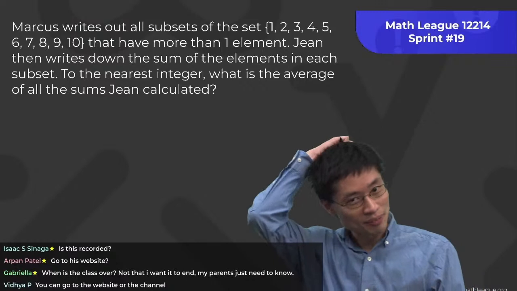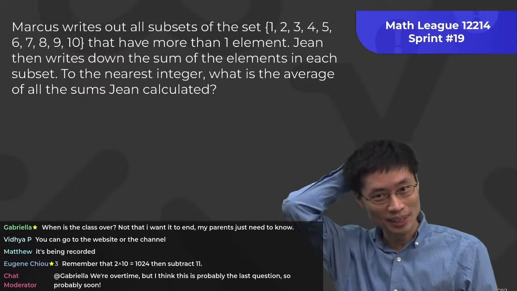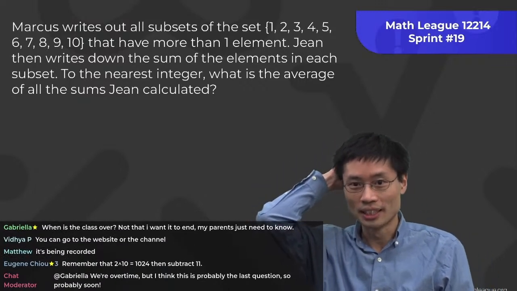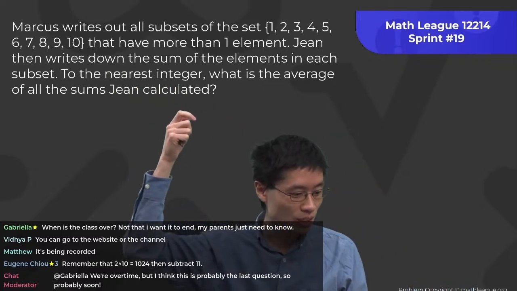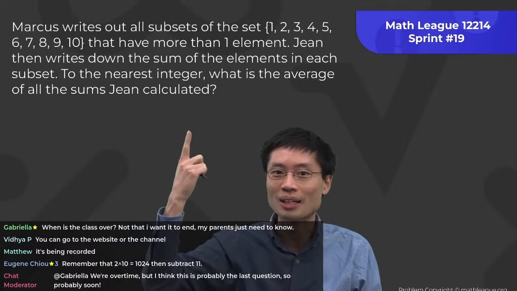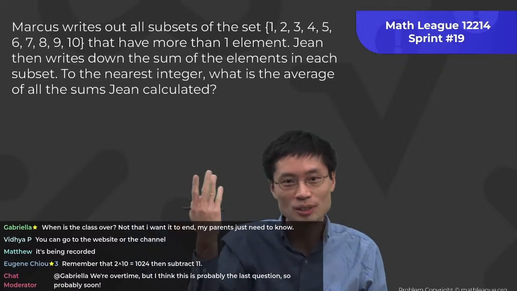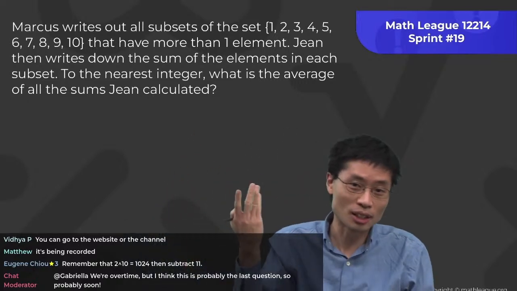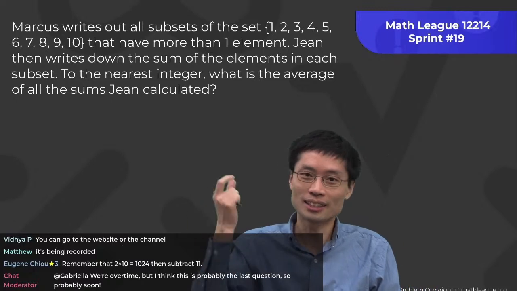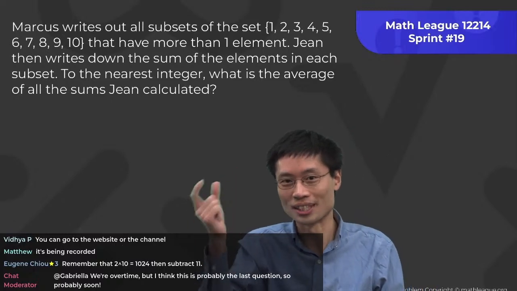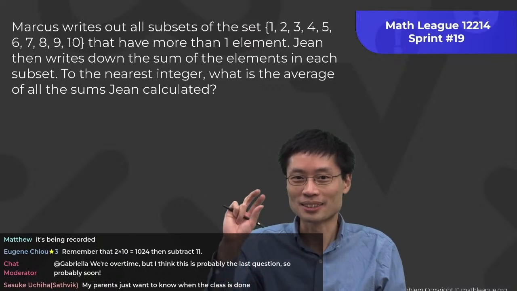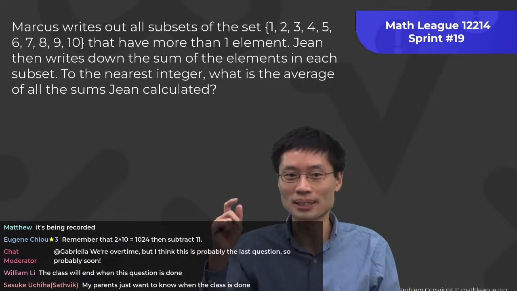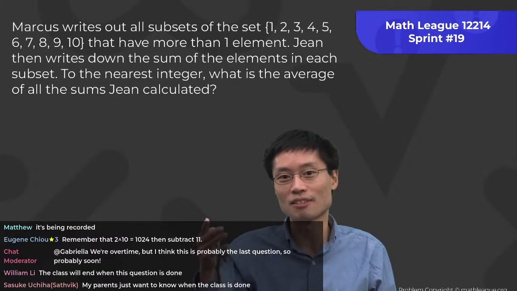What Vivian just did is more tidy than what I was doing. What I was doing was saying the average of this thing is the average of the contribution that 1 makes, plus the average of the contribution that 2 makes, plus the average of the contribution that 3 makes, and so on. Each one is on average in half of the sets, except it's a little bit more than half because we're only picking the sets that have more than 1 element.